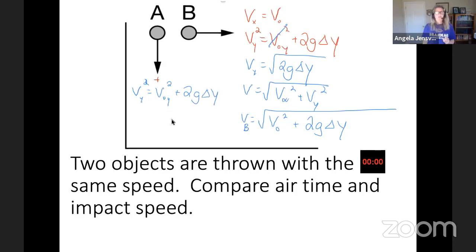V naught y is really just V naught because they were both launched at the same speed. So the final speed when it hits the ground is the square root of V naught squared plus 2g delta y. Oh my gosh, look at that. Their impact speeds are the same. Okay, very nice.